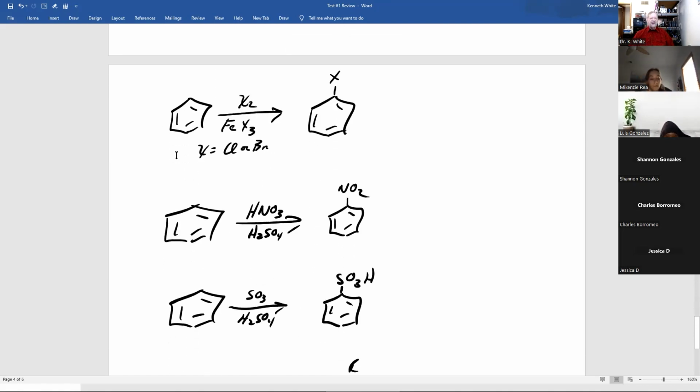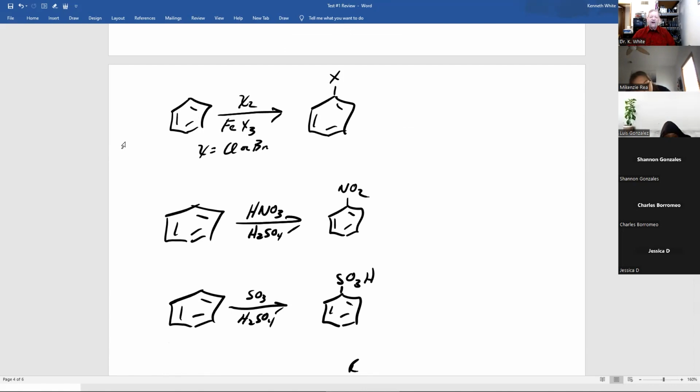Now, the first reaction I showed you, and the key thing with aromatic compounds, and for this class, the reactions are always going to be for benzene, is you don't break those double bonds, because then you lose the aromatic stability, aromaticity it's called. And it doesn't want to do that. So it doesn't.